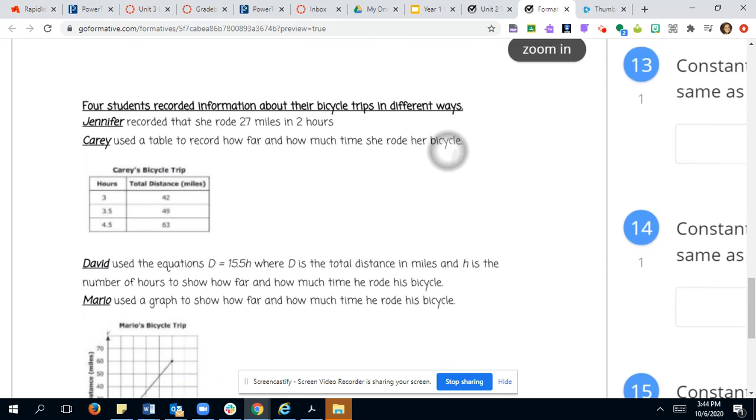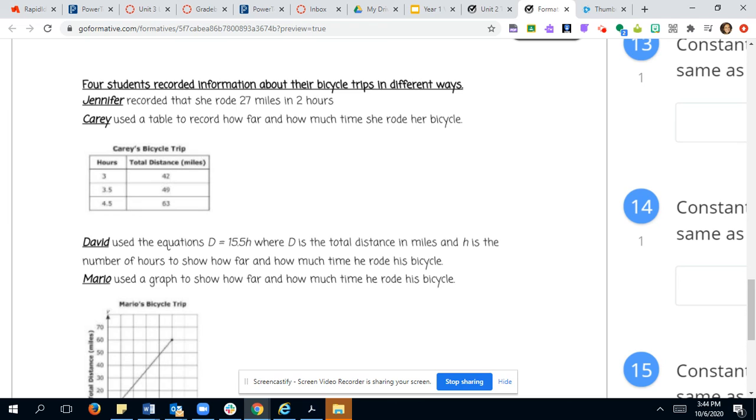So this part is for the rest of the test for questions 13, 14, 15, and 16. 4 students recorded information about their bicycle trips in different ways. Jennifer recorded that she rode 27 miles in 2 hours. Carrie used a table to record how far and how much time she rode her bicycle.